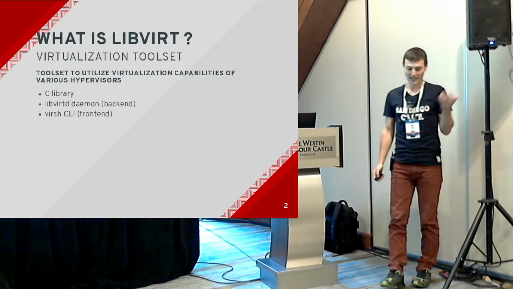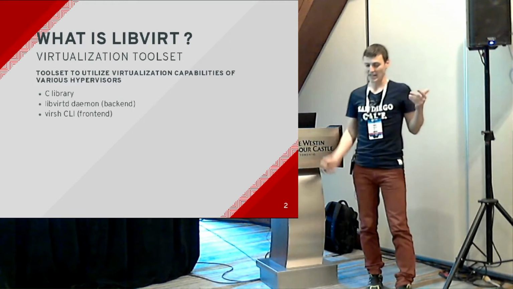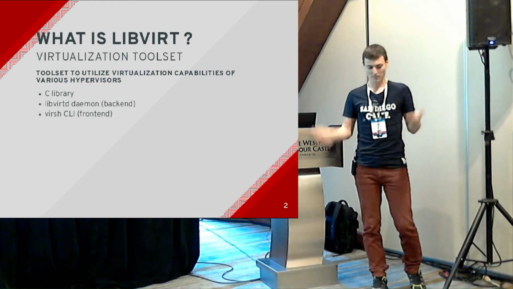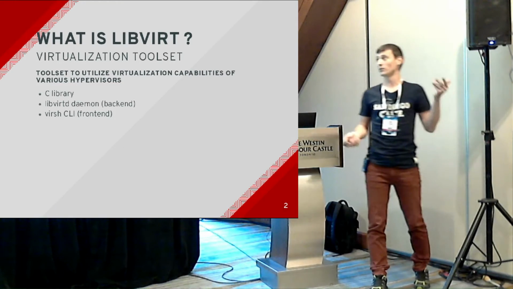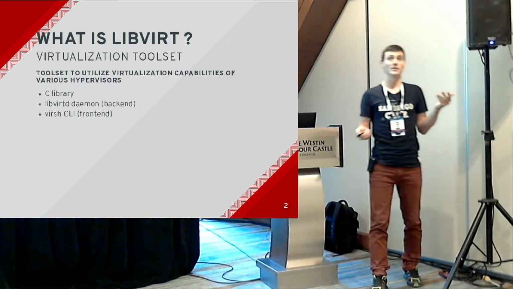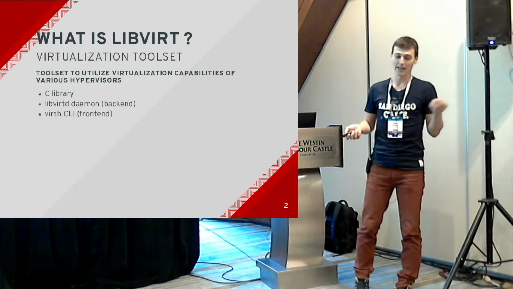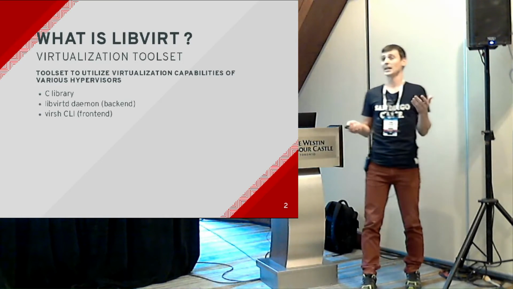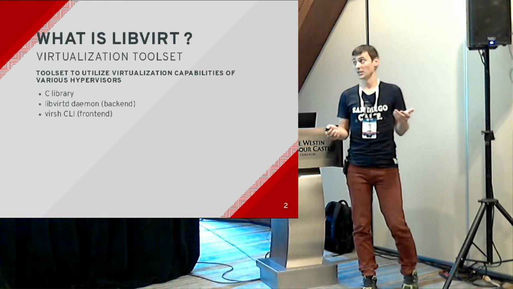So it's a virtualization toolset that allows us to utilize the virtualization capabilities of the underlying hypervisor. It consists of a C library with bindings for different kinds of languages. It also consists of a daemon, which acts as a backend for the library, implementing most of the functionality.